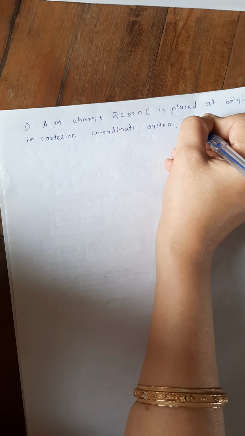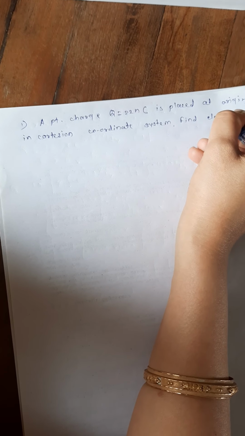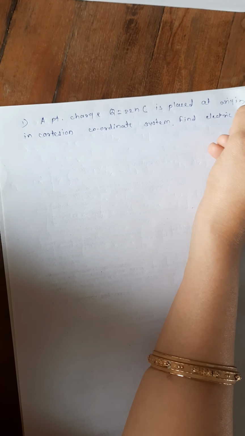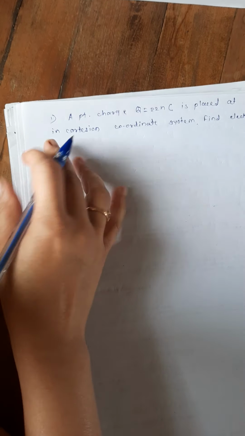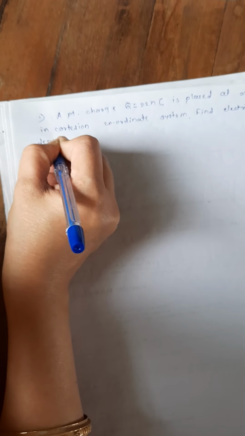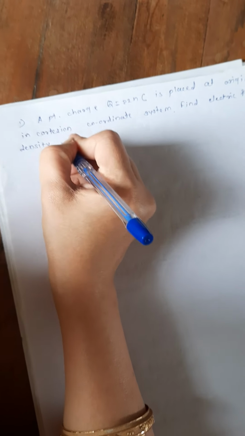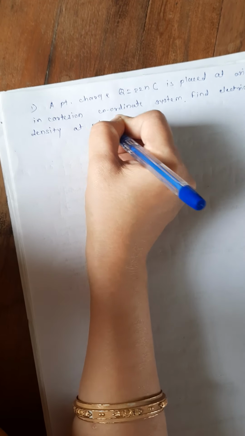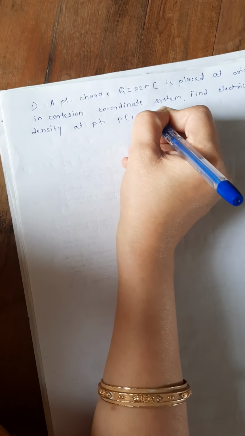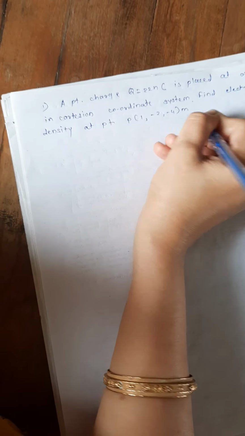Then find the electric flux density at point P (1, -2, -4) meter.